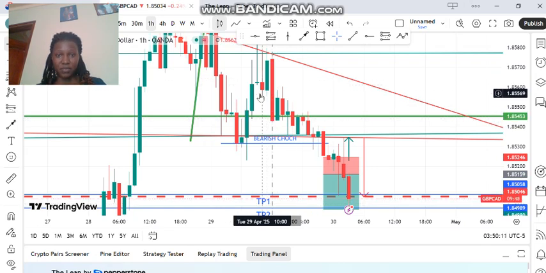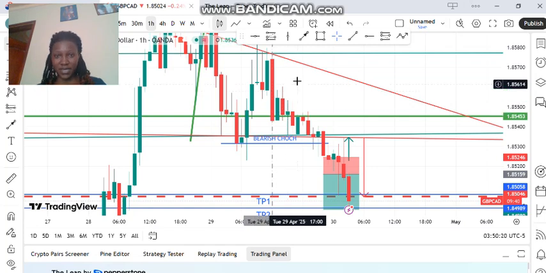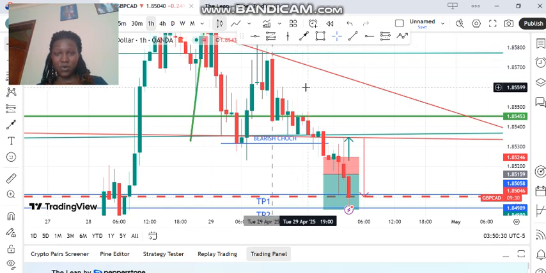I had planned to take my bearish entry from here, because you can see initially from here we had a bearish change of character. After having a bearish change of character, I expected the market to go and tap into the bearish trend line and give a bullish rejection, then come down, give me a bearish angle, then I could enter.